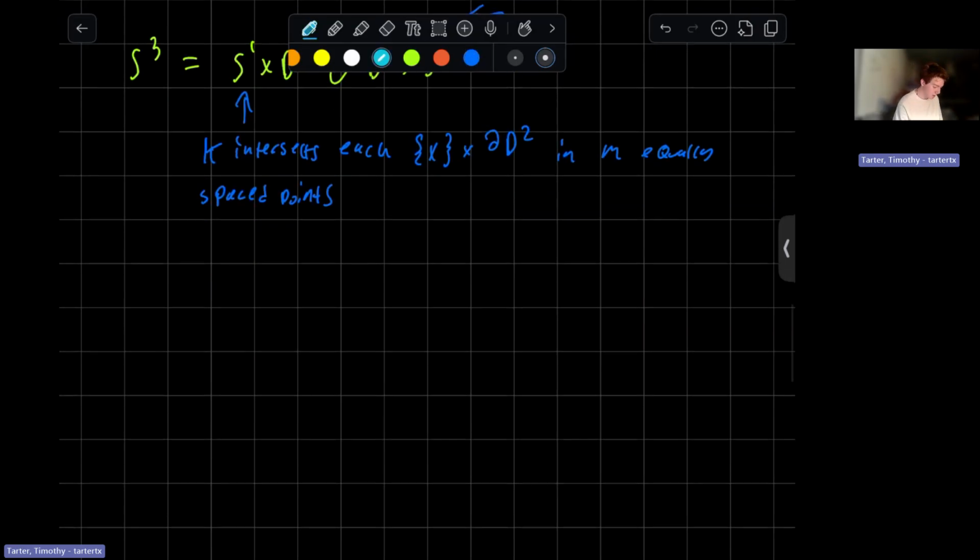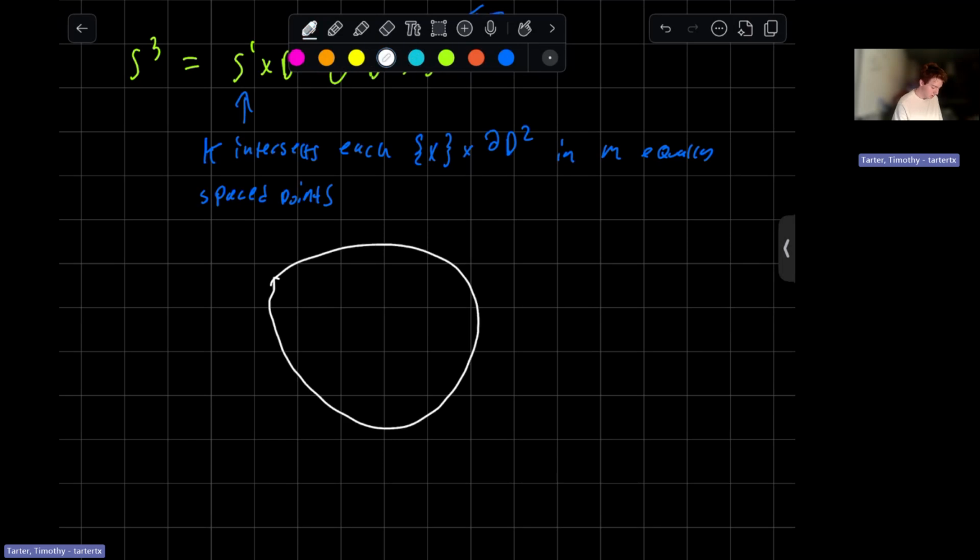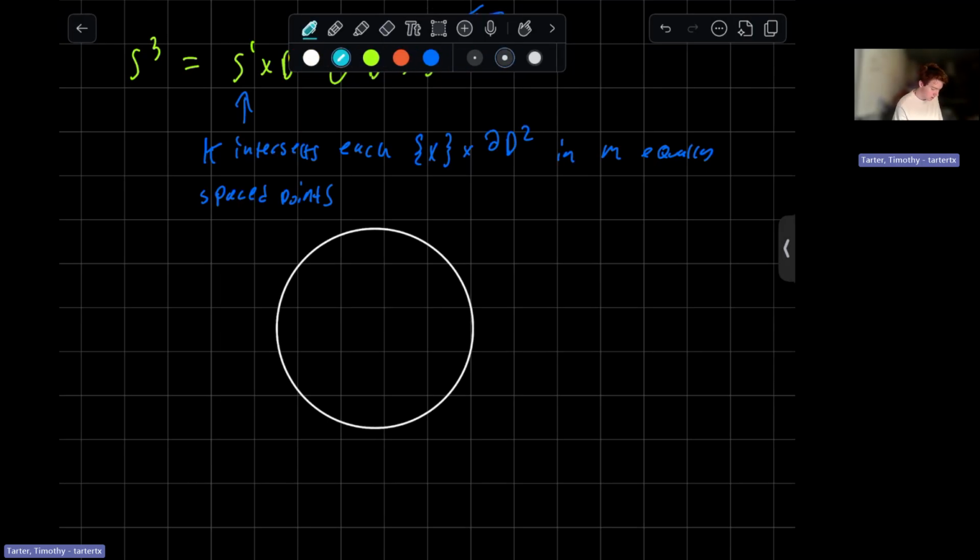And what this looks like is, for the example with m equals 3, I think those are equally spaced, we have K.